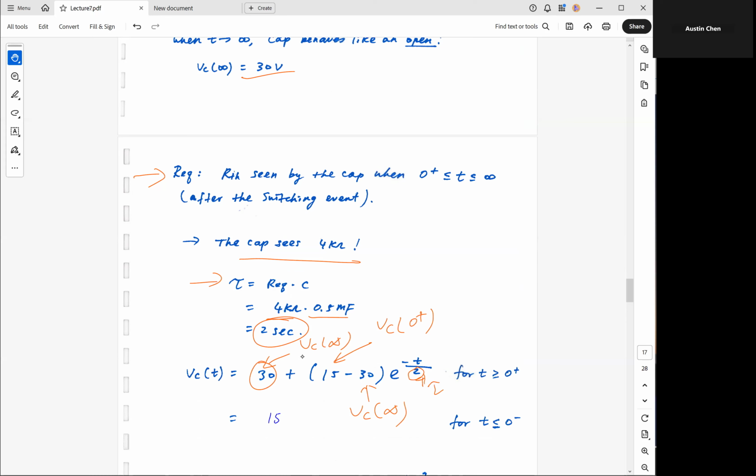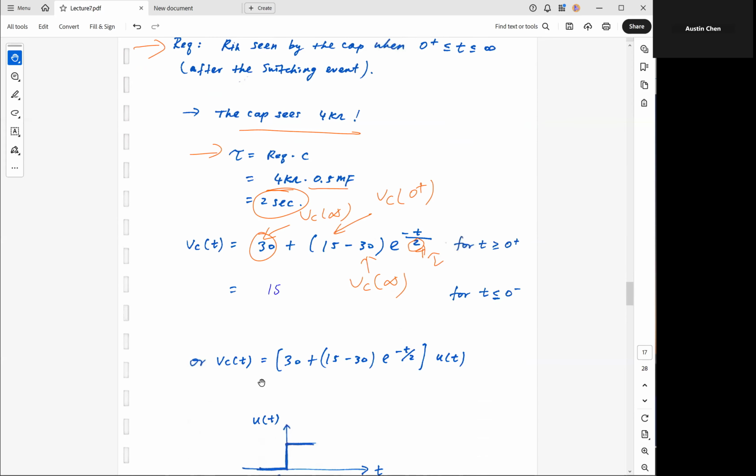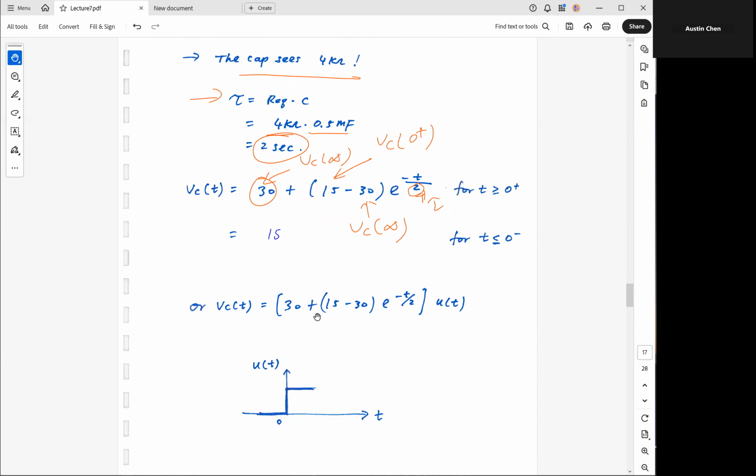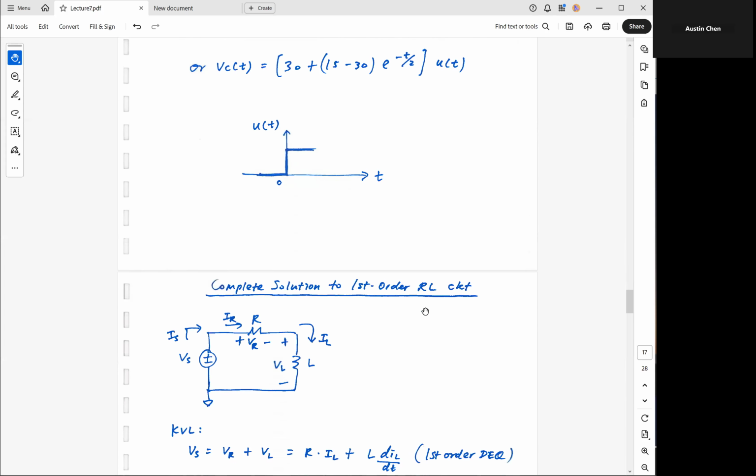This is my tau, because tau is 2 seconds. So that's all we need to do for this part. Mathematically, another way of writing this is by using the step function, u of t. Now let's move on to the RL circuit.